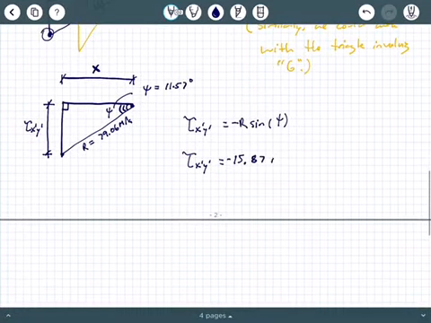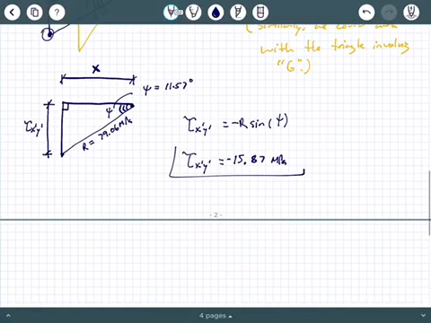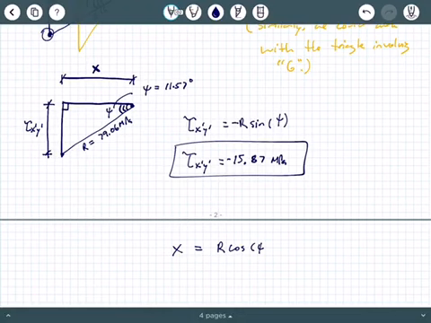So tau x prime y prime ends up being negative 79.06 times the sine of 11.57. So I get a negative 15.87 MPa. Guess what? That's one of my answers, okay?